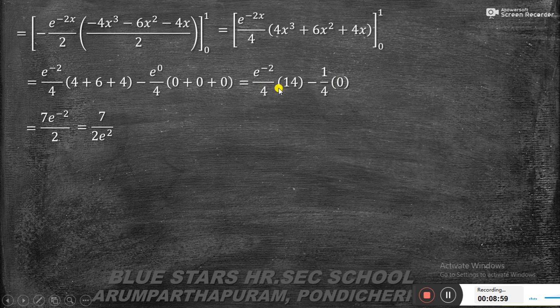The 4 and 14 cancelled, so divided by 2, so here 7 by 2 into e^(-2). This is your answer, because the lower limit answer is 1 by 4 into 0, which is 0. Therefore 7 e^(-2) by 2 is your answer for your given integral. So this is 7 e^(-2); I write it in the denominator, so 7 by 2 into e square.